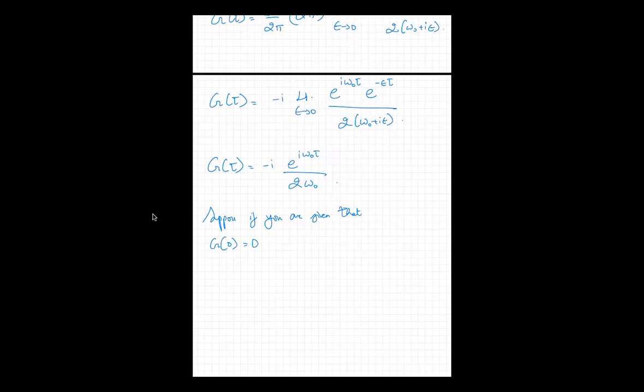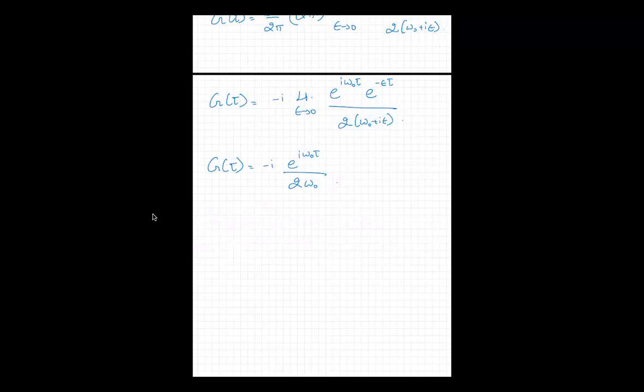Of course, if I want g of 0 to be equal to 0, the sine part becomes 0, but the cosine part is not 0. So I would have to basically throw away the cosine part and retain only the sine part. And I can write this as basically sine ωτ divided by 2ω or something like that. Okay. But in the absence of these boundary conditions, this is the most general form of the Green's function that you can write down for this particular problem.